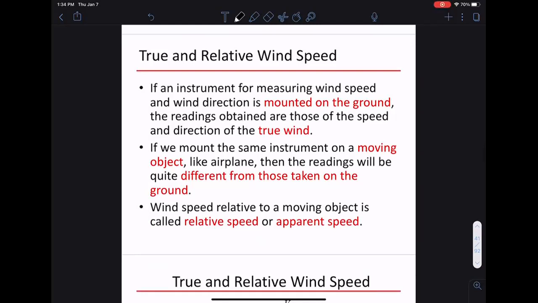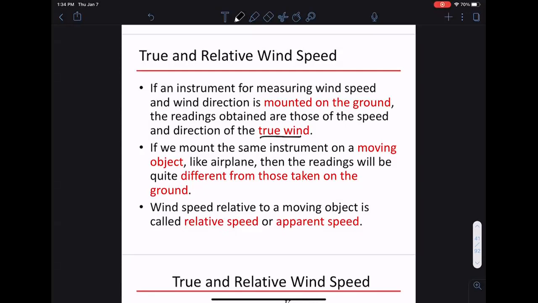Saying something is 10 meters per second, we have to say referenced to what. There are two kinds of speed measurement. One is called the true wind, which measures speed and direction with the ground as a reference. So with Earth as reference, this is speed and direction.